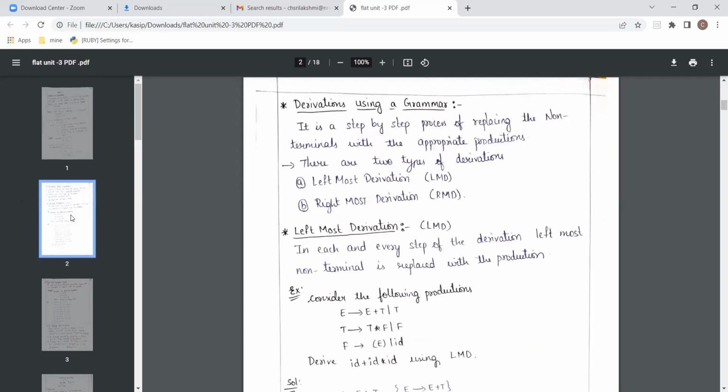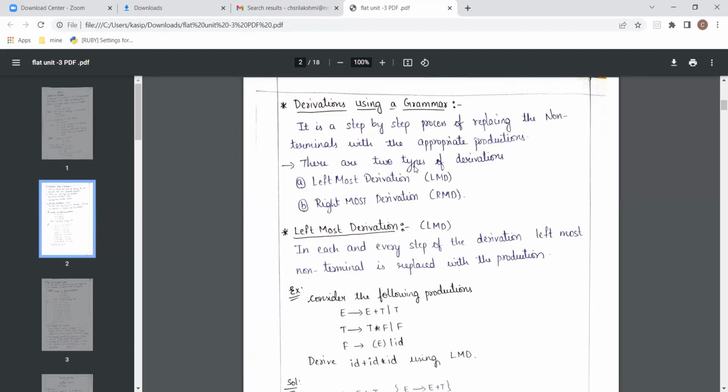And then here we are going to use derivations using the context-free grammar. What is meant by a derivation is a step-by-step process where we replace the non-terminals with the appropriate productions. We are going to replace each and every non-terminal here. There are two types of derivations, leftmost derivation and rightmost derivation.